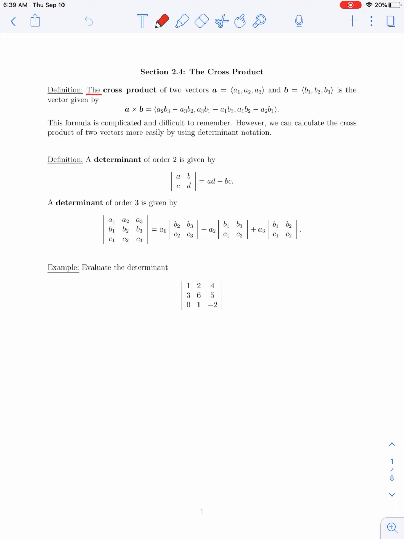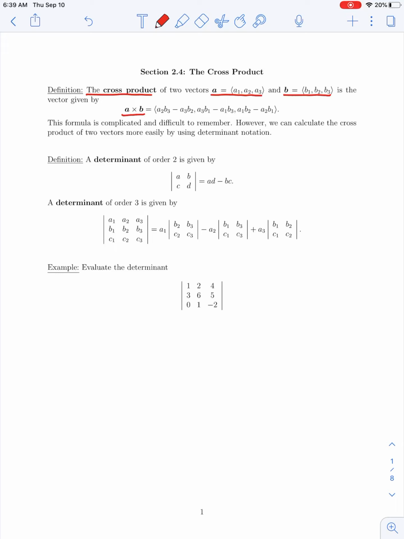So here we would say the cross product of two vectors A and B, whose components are given, is the vector defined by the following. So first let's start with the notation.